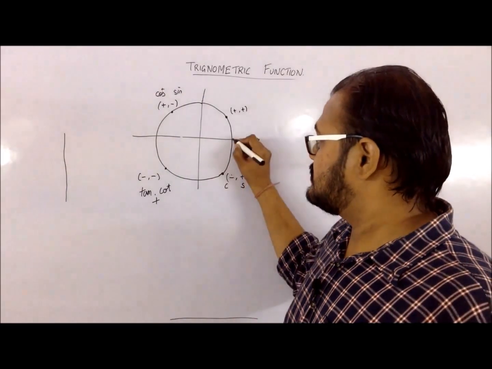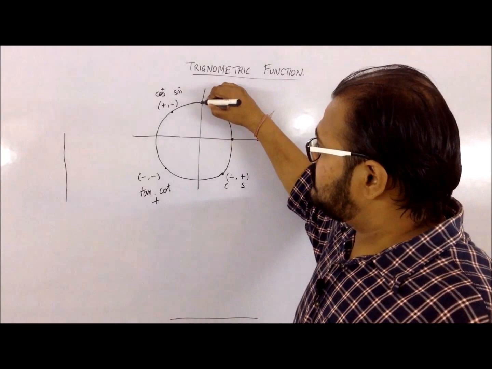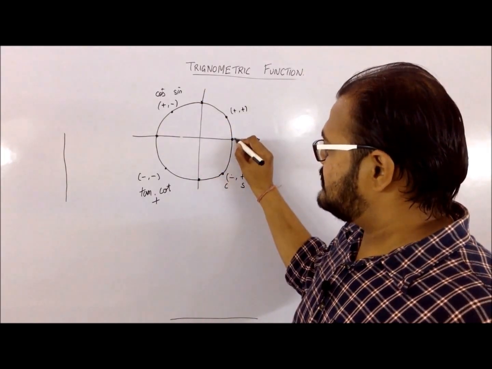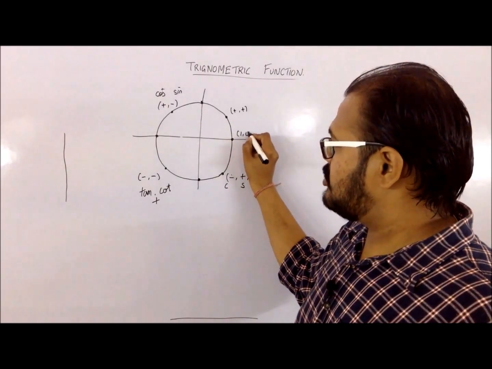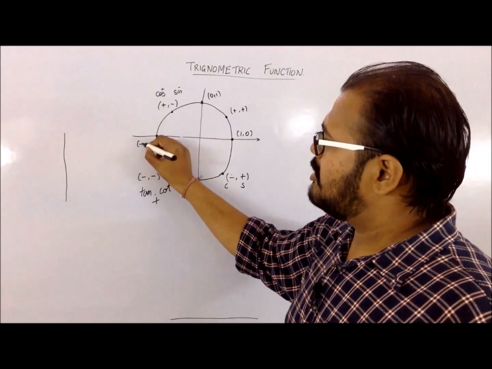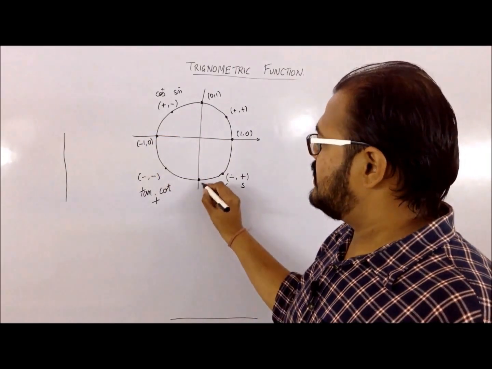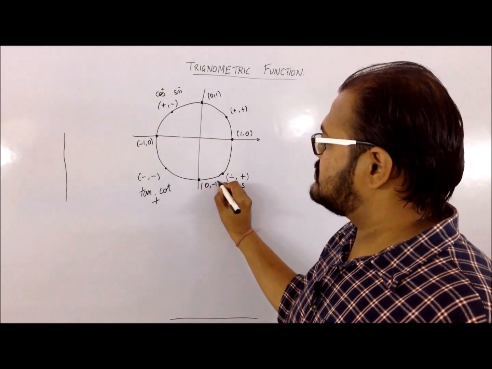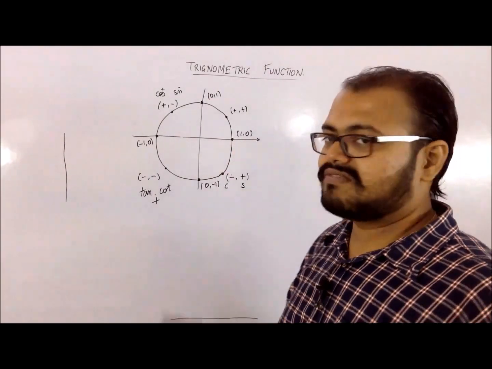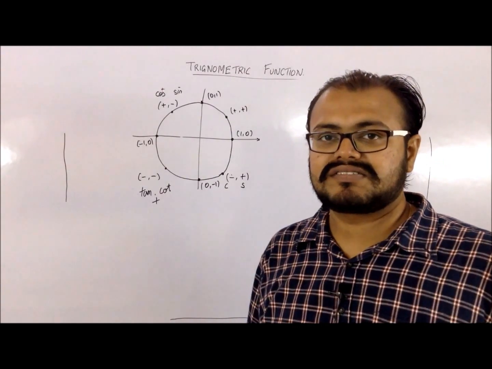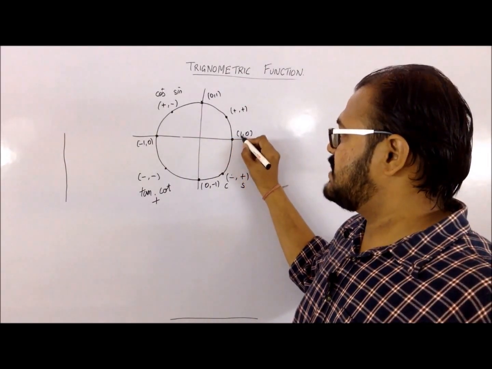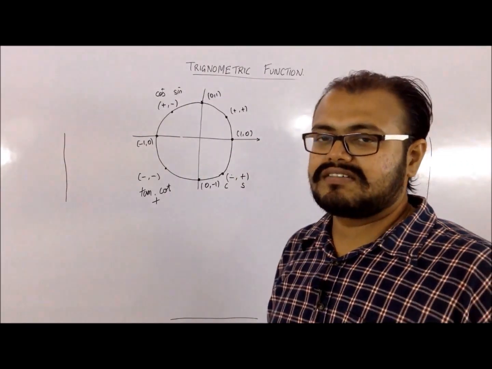Apart from there, at the points on the axis, you can understand these coordinates are going to be 1, 0, 0, 1, minus 1, 0 and 0, minus 1. So if I want to find the value of cos 0, my angle is 0, so that gives me cos 0 having the value 1.